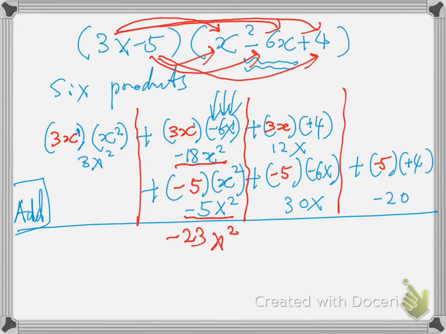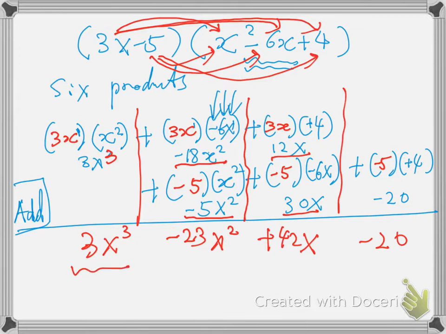Similarly for the x term, 12x plus 30x, you combine like terms, you got positive 42x. For the x cubed and the number part, we only have a single term, so you just bring them down. So the answer is 3x cubed minus 23x squared plus 42x minus 20.